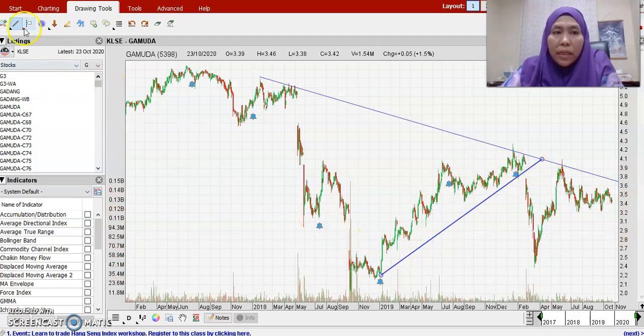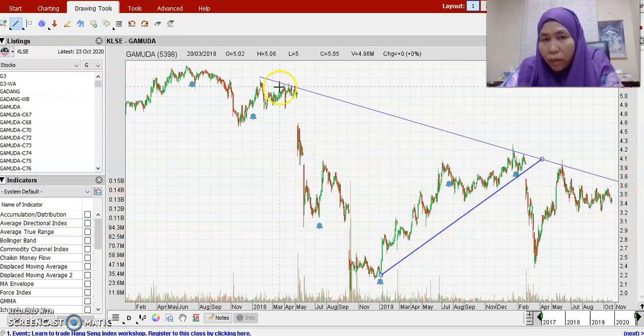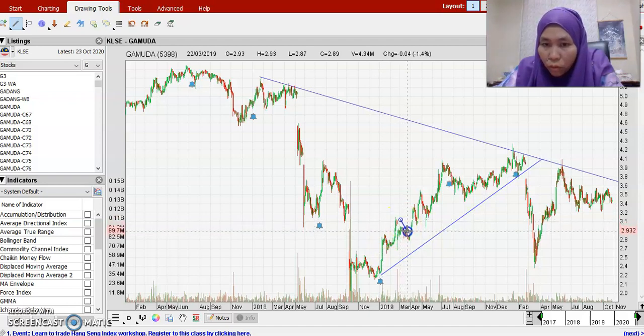Then a minor trend happens either during the long term trend or in between the intermediate trend. Let me draw another example. So this is the intermediate trend.